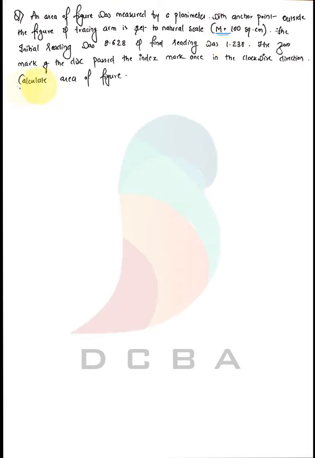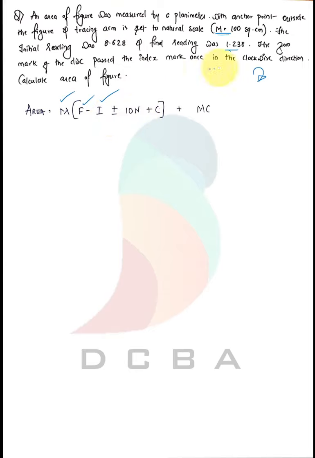So they have given m as 100 square centimeter. The initial reading was 8.628 and the final reading was 1.238. The zero mark of the disc passed the index mark once in the clockwise direction. Calculate the area of the figure. Again, this is your area of planimeter. They have given m, the final reading as 1.238, the initial reading as 8.628, and plus minus 10 into n.